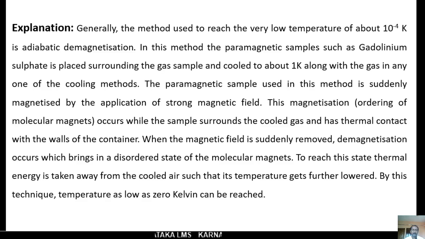In this method, a paramagnetic sample such as gadolinium sulfate is placed surrounding the gas sample and cooled to about 1 Kelvin along with the gas in any one of the cooling methods.